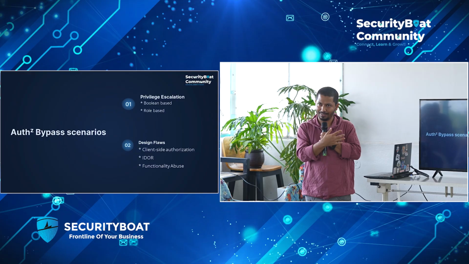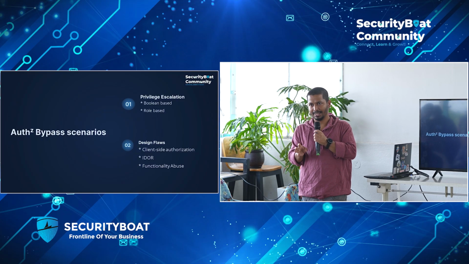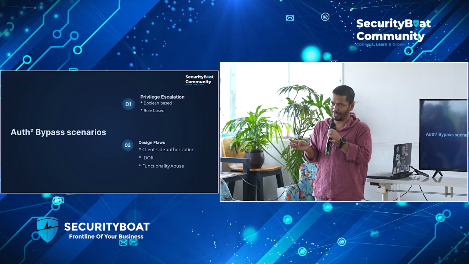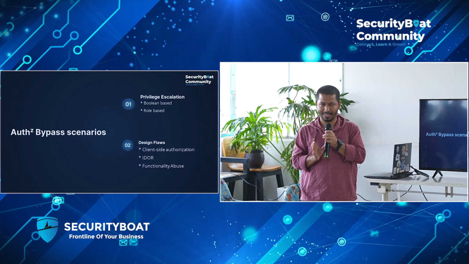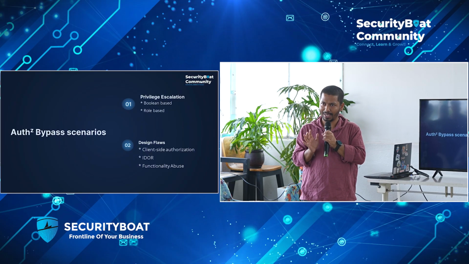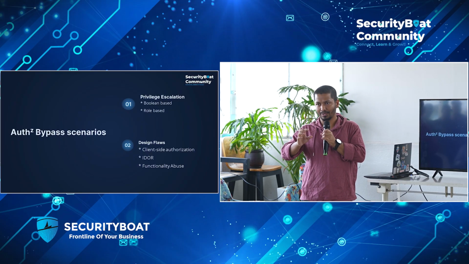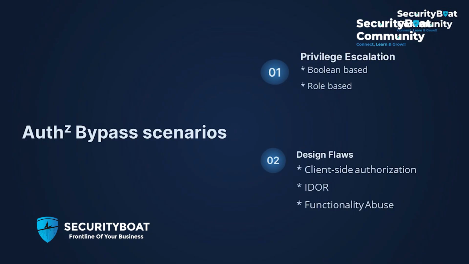Similarly, in the digital world, everything has an ID. All resources have some ID. It can be numeric, alphanumeric, a string, or some other resource identifier. Now, an insecure direct object reference vulnerability happens when you can change those identifiers and access other users' resources or restricted resources.